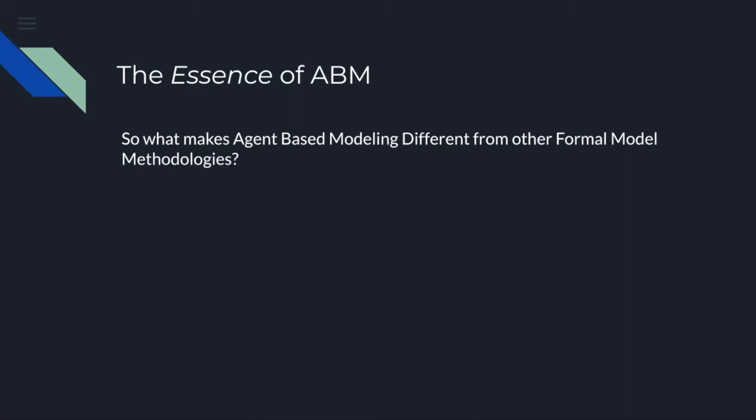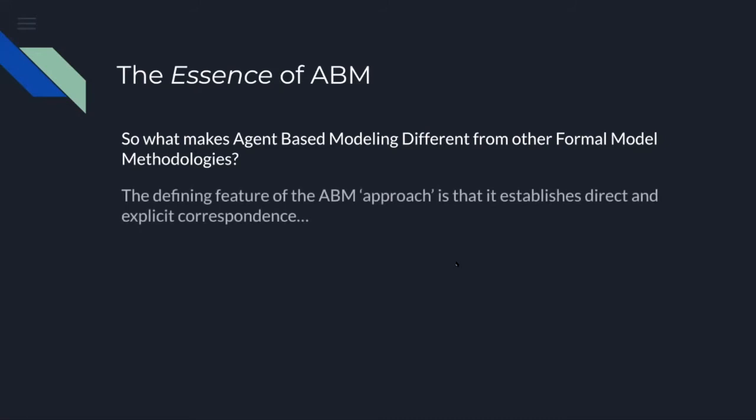So how agent-based modeling is different from other formal model methodologies, and by other formal methodologies, I mean, it's a pretty general term, but maybe a different one would be equation-based modeling, where we have an equation of numbers and each one describes some variable and they have different weights to describe how strong preferences are for those variables. If you've taken a regression class or machine learning, even those fall under equation-based modeling.